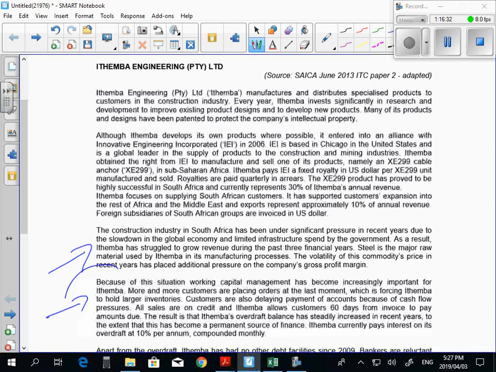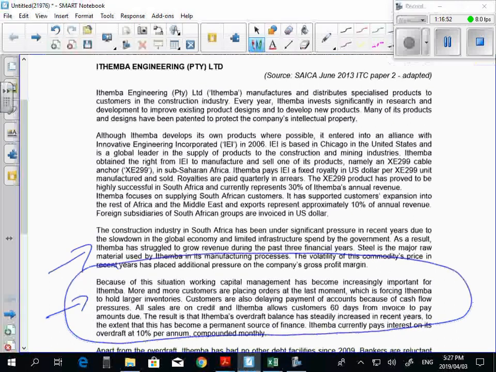Just read that paragraph. So guys, days of inventory gone up. What do you think you should say in the solution? You just regurgitate what's there in the question.